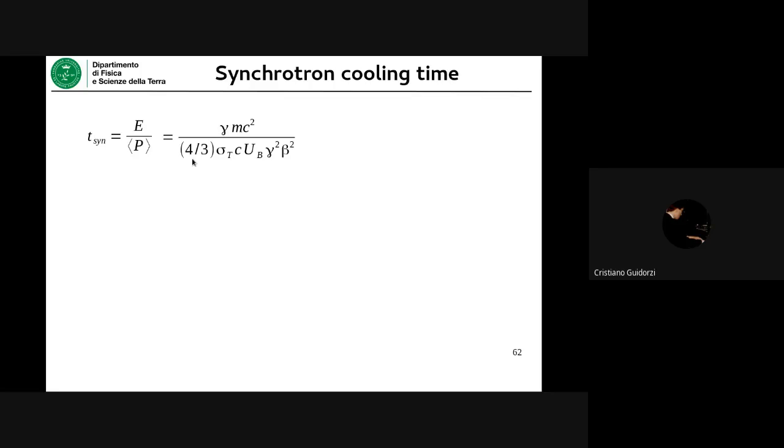Here, if you pay attention to the scaling with gamma, you immediately see that the higher the gamma, the correspondingly higher will be the energy. So in principle, the energy reservoir that you can use. But the power scales in a stronger way, with gamma squared.